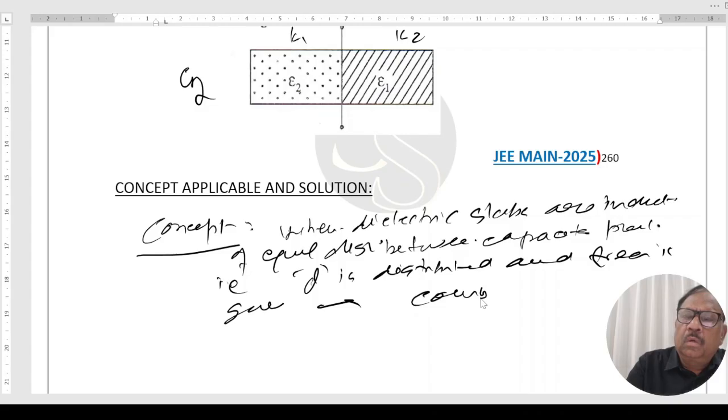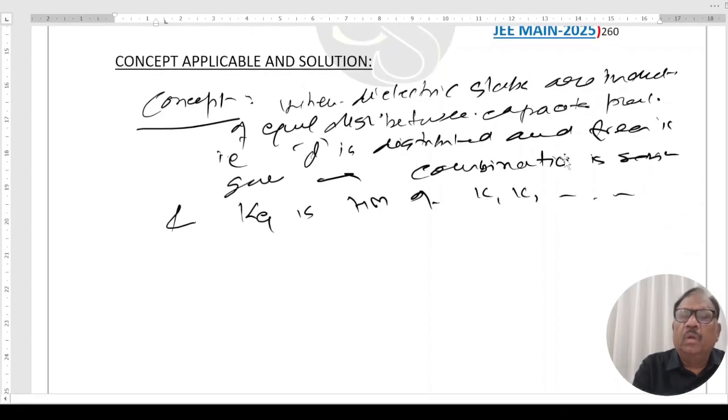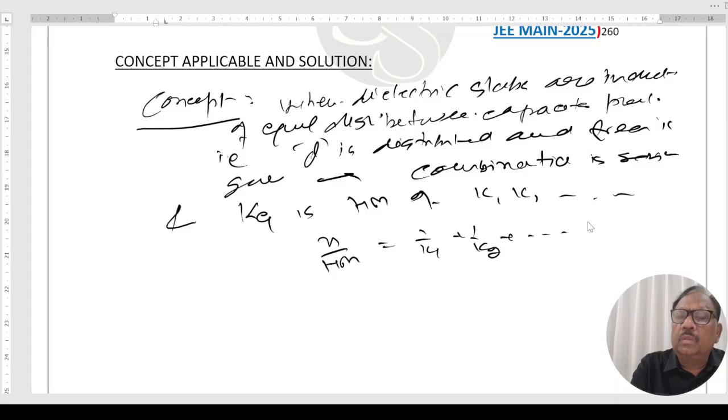Combination is series and K equivalent is the harmonic mean of K1, K2. Harmonic mean: N over harmonic mean equals 1 over K1 plus 1 over K2 plus and so on, right?